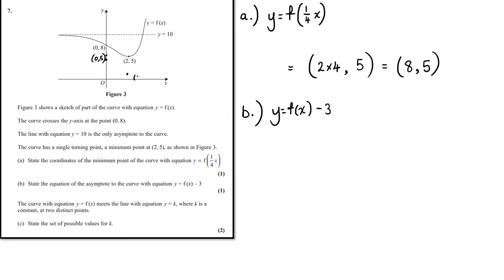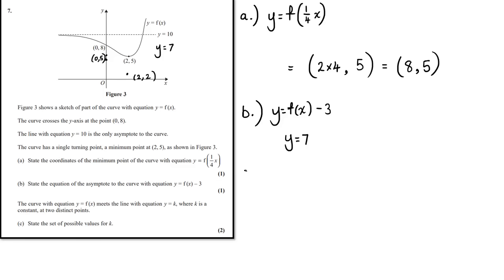So it would be 2, 2 there. And now the one that we're bothered about, this y equals 10, we're going to subtract 3 from it. So our new asymptote would be y equals 7 there. Okay, so that's how we get the equation of the asymptote to the curve with equation y equals f of x minus 3. So we get y equals 7 there.